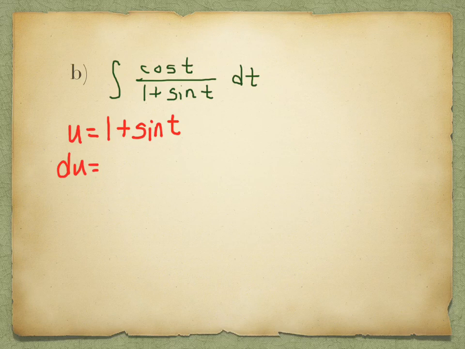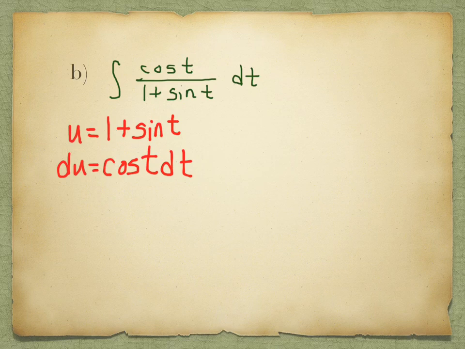The derivative of 1 is 0, right? The derivative of sine is cosine. It's positive cosine. The antiderivative is negative. Moving back and forth takes practice. So the derivative of sine is cosine. And then I have dt on the end.